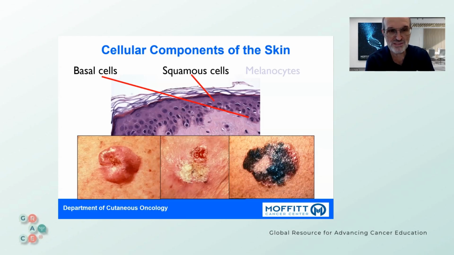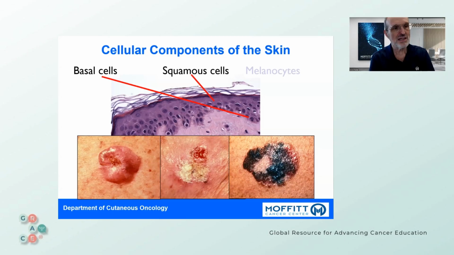These are the squamous cells and the basal cells. And what do you know? If you have squamous cells and basal cells normally, if they go bad, they turn into basal cell cancers and squamous cell cancers.